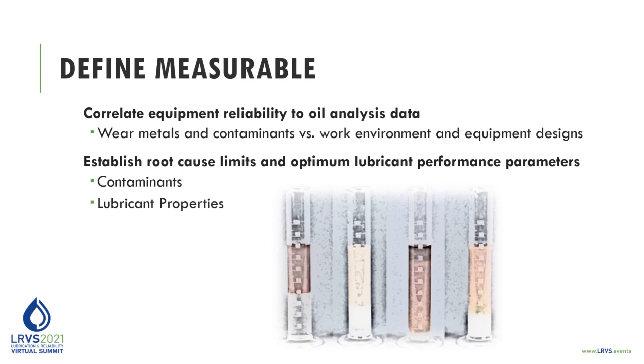We want to establish root cause elements, optimum lubricant performance parameters, where we can actually start to have a good understanding and control of contamination and a better understanding of lubricant properties, how these things actually affect overall equipment reliability, but also perhaps understanding how lubricant properties can go forward and help us actually purchase better items in terms of greases and oils and so forth.